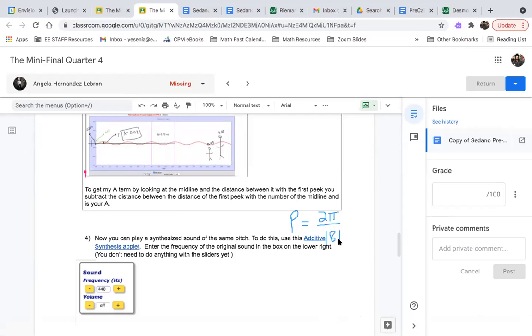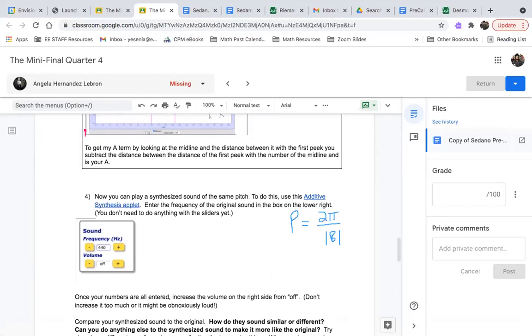So here's the formula that we need. So Rebecca, can you remind me what was your P? You found your P in number 2. Or what was your period is basically what I was asking actually. What was your period in milliseconds? In milliseconds, it was 0.00.